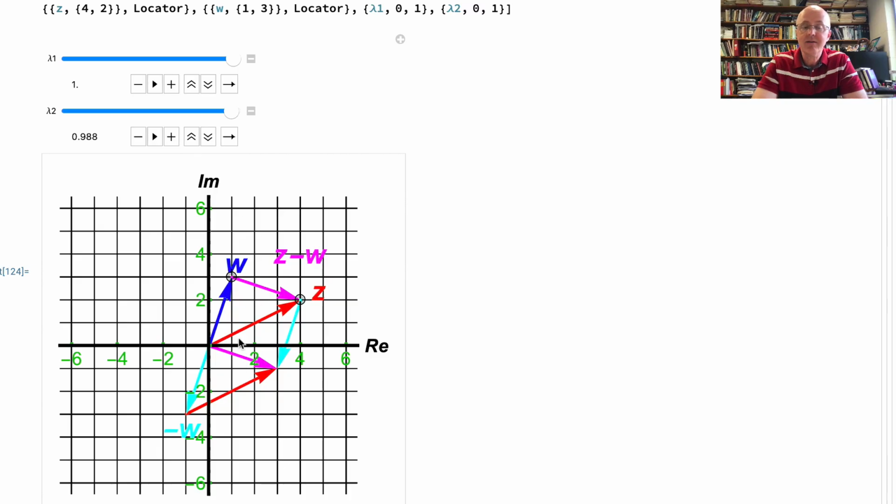So these two pink vectors are both representing z minus w in the same ways that I showed you by hand. This is how you can do it in Mathematica. And again, the benefit of Mathematica is you can click on these things and move them around and illustrate these ideas for any given complex numbers as vectors that you start with.